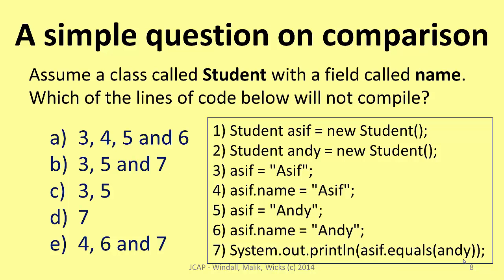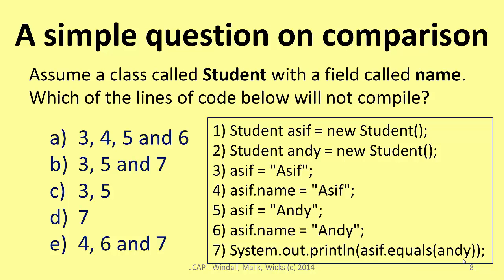In line 4, we've got the object.name being set to Asif. Well, assuming that name is correctly typed as a string, that will work. So line 4 is correct. Notice that we've got the same object, Asif, being assigned a different literal string value.